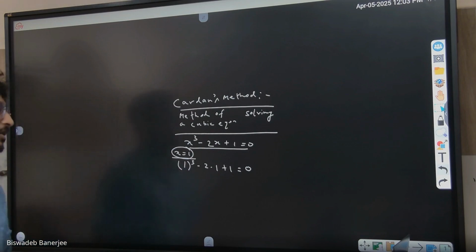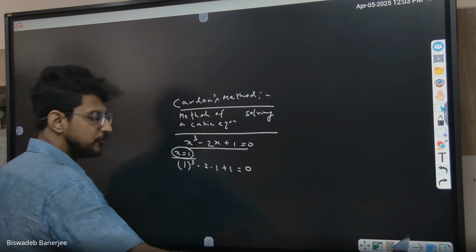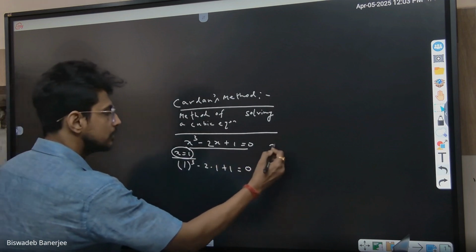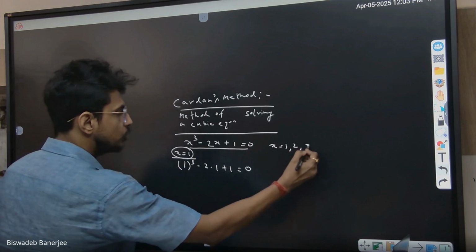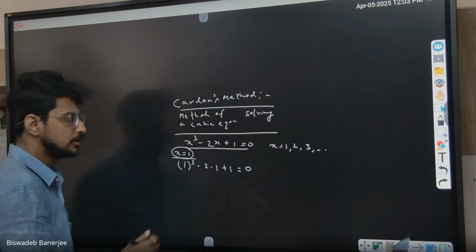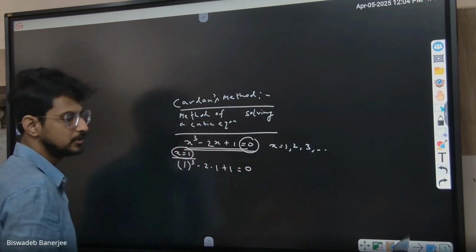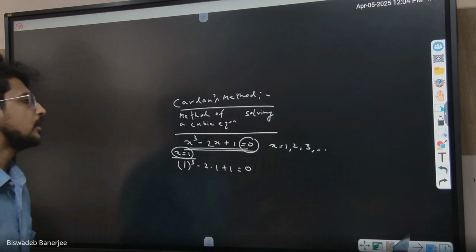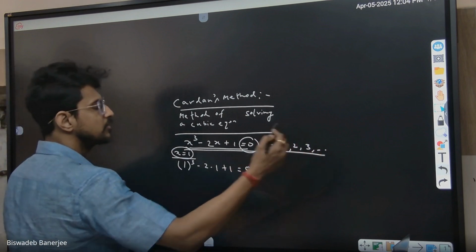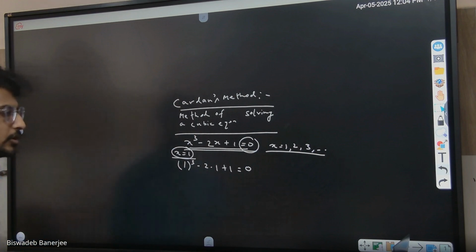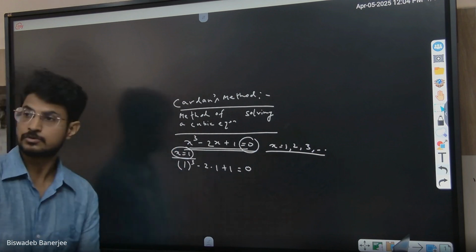But now the question is, what happens if after putting x equal to 1, x equal to 2, x equal to 3, and so on, this equation does not become 0?